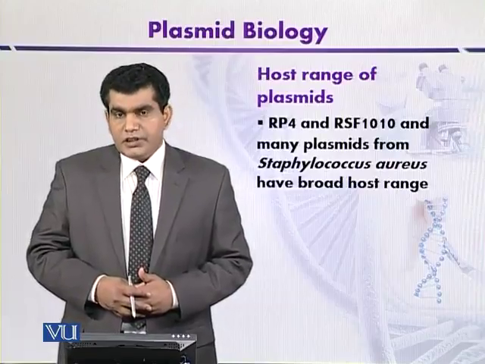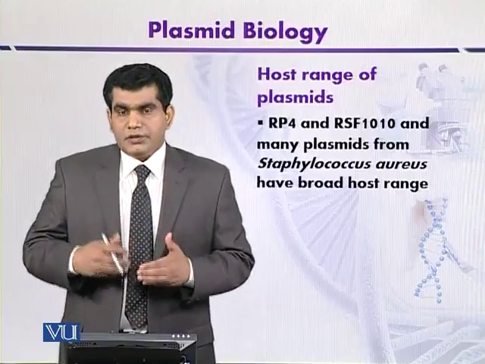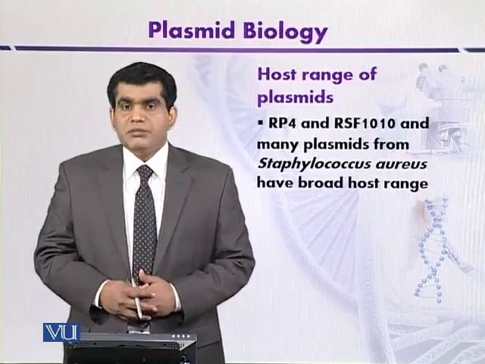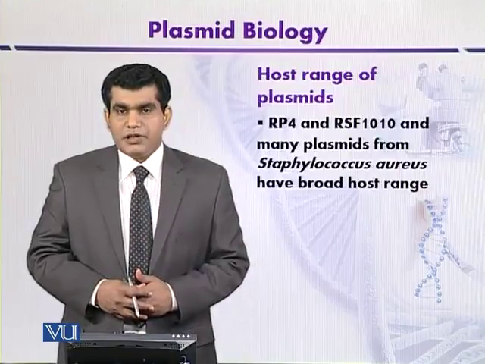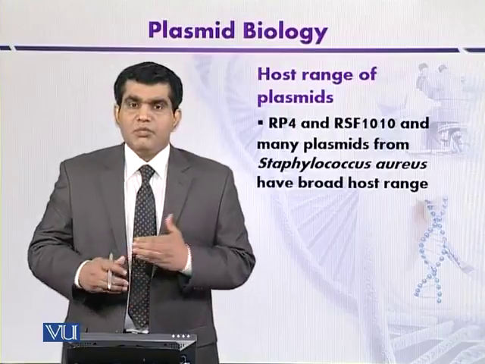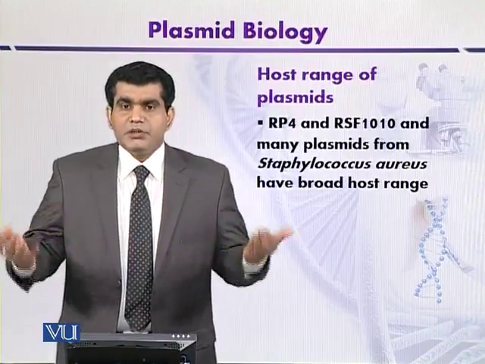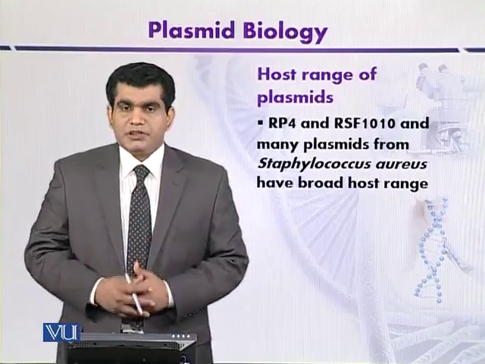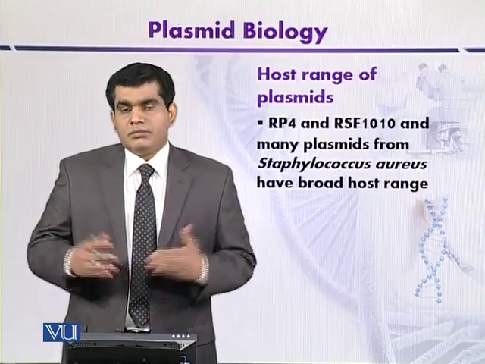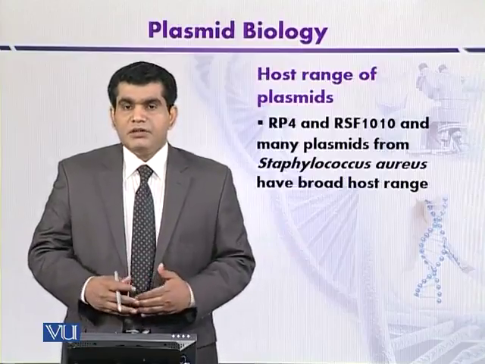Overall, we can say that the host range of the plasmid is determined by its region of replication, and if a plasmid has more genes that encode a variety of proteins that mediate its replication, then the host range of the plasmid is comparatively broad.